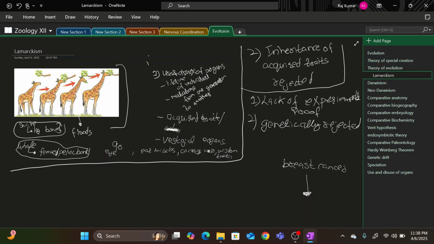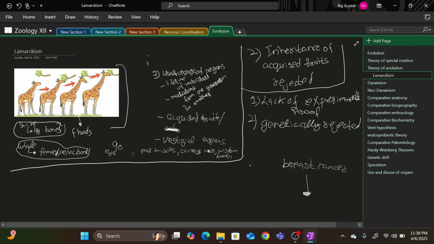That would not be the case, because the mutation which happens due to breast cancer is only in the cells of the breast, and these cells are somatic in nature, which means they are body line cells.